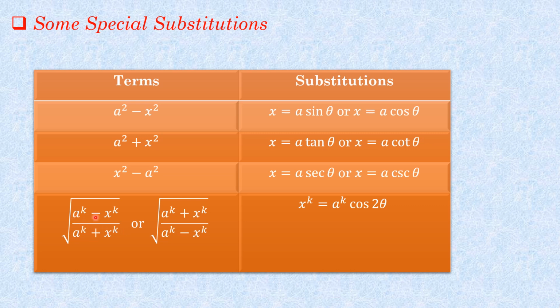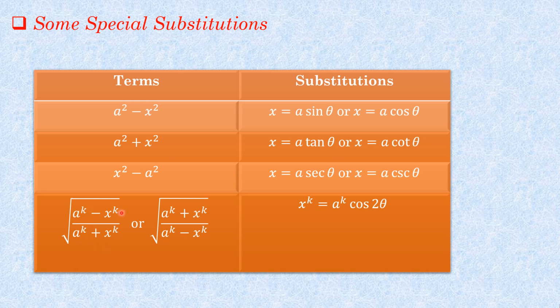Here the plus and minus signs, plus may be in the denominator or in the numerator, and it may be the reciprocal, like a to the power k plus x to the power k, and a to the power k minus x to the power k. This term may be the denominator and that term may be the numerator, that is not a matter. Just keep in mind this k is a constant number, it may be cube, square, 1, anything in place of k, it may be a fractional number also.